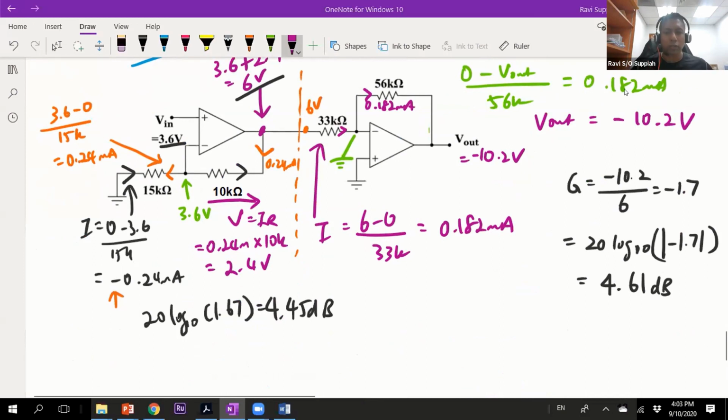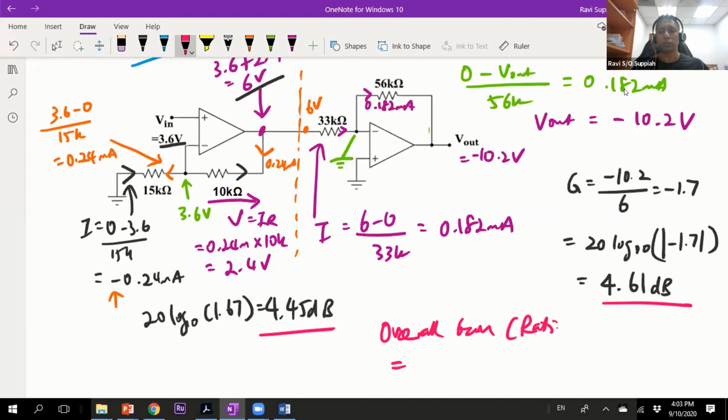Okay, so let's look at the combination of the dB first. When I have two stages, stage 1 and stage 2, and two different decibel values, the overall gain, if I look at it in terms of ratio, you multiply.